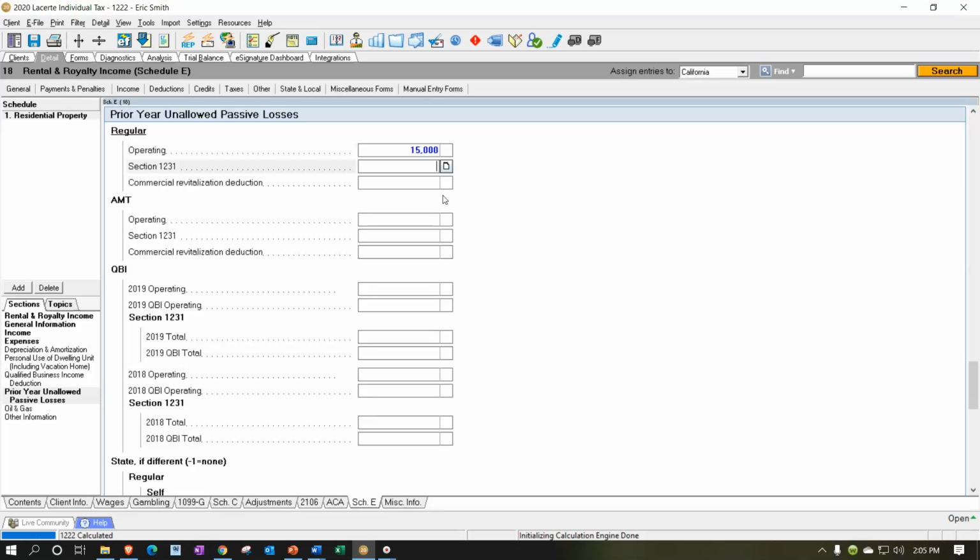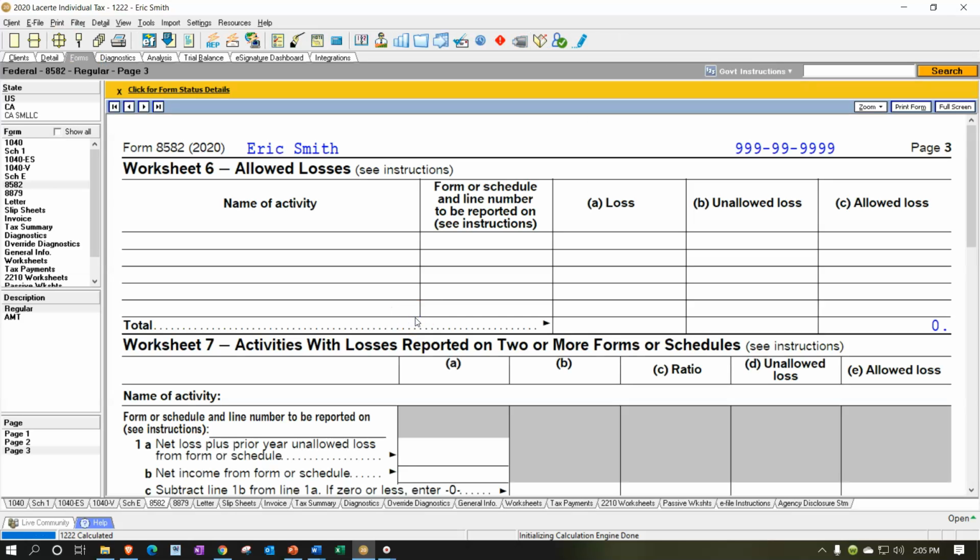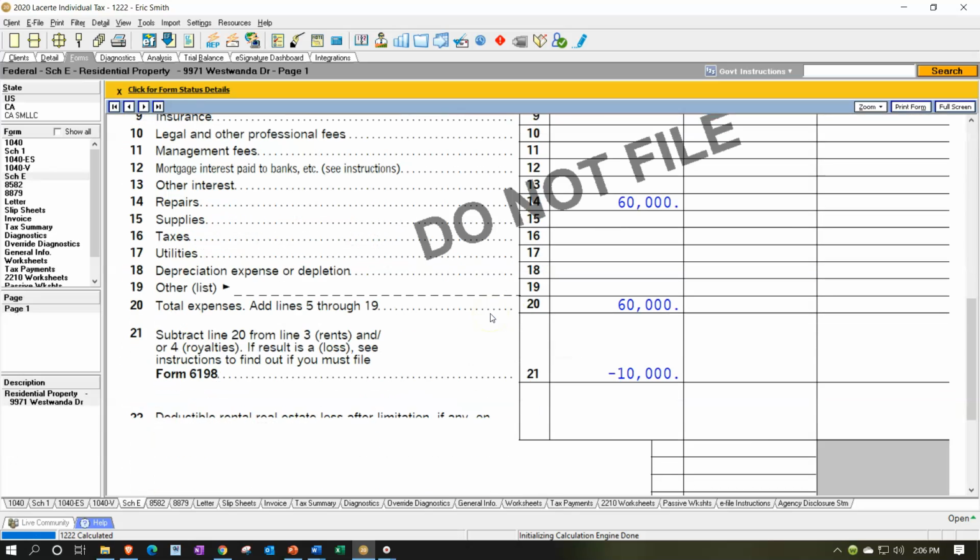Now again, this could be a little bit complicated, so if you did have prior year losses, I would put the entire return into, say, the 2019 software and then roll it forward so that the losses carry over properly. But then just to get an idea of what the rollover looks like, you would say, okay, so now we have the losses carrying in.